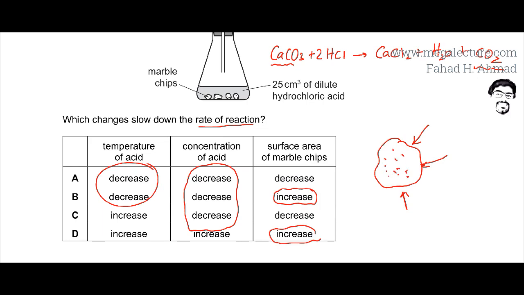So bigger chunks of marble chips are going to slow down the reaction. So the correct option, where all the options are correct, is option B. Temperature should decrease, concentration should decrease, and the surface area should increase. So all these three are correct in B. The rate of the reaction would slow down.